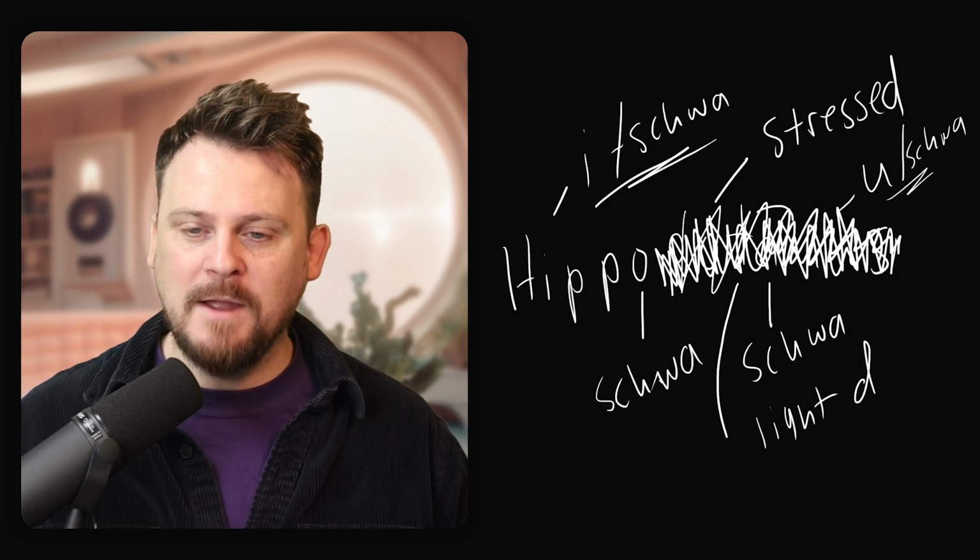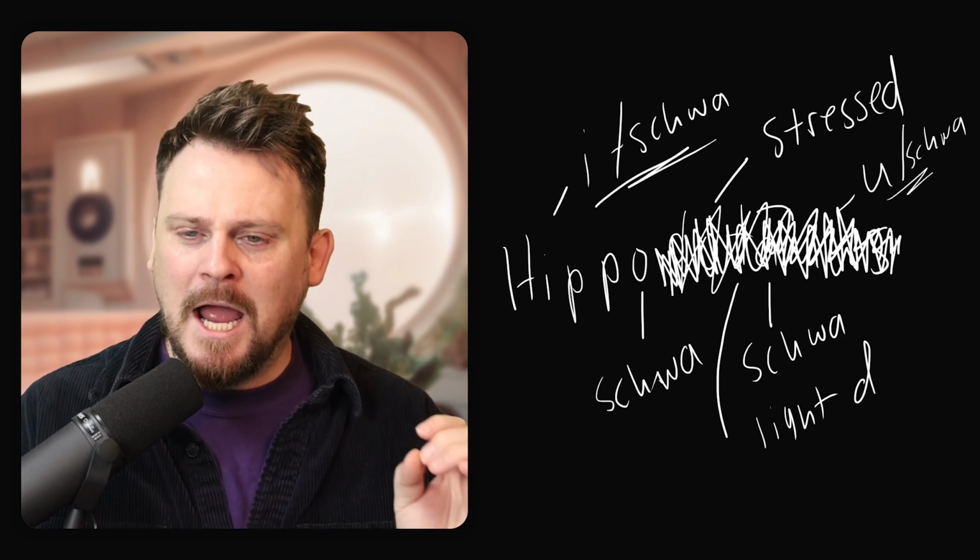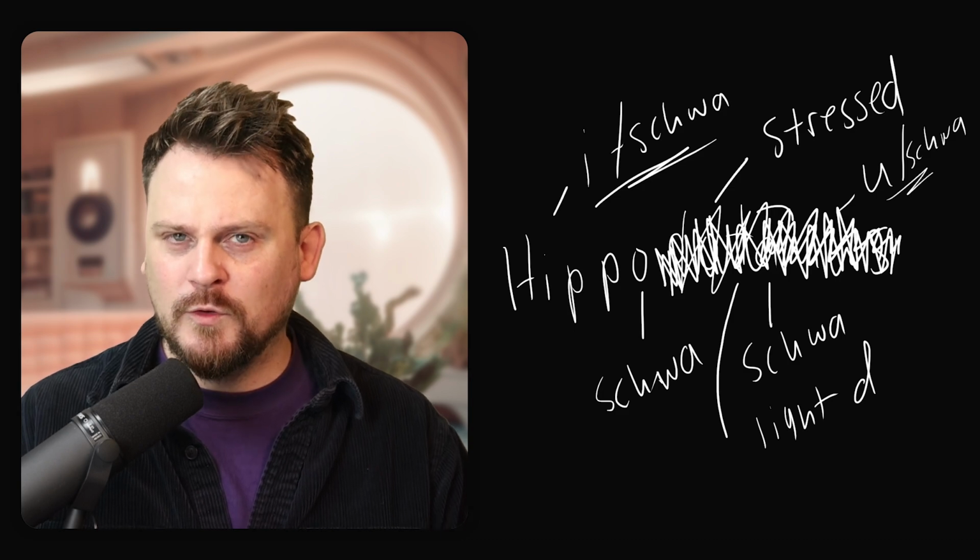Pretty interesting. Okay, so I encourage you to try this out for yourself, looking at other words. Pick 3 to 4 or 5 words that are longer than 2 syllables, 3, 4, 5 syllable words, and then listen to them pronounced.